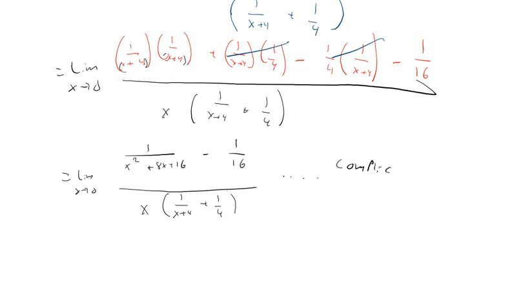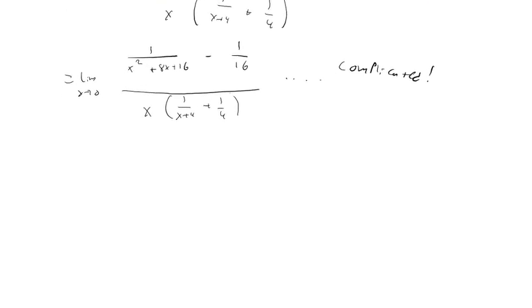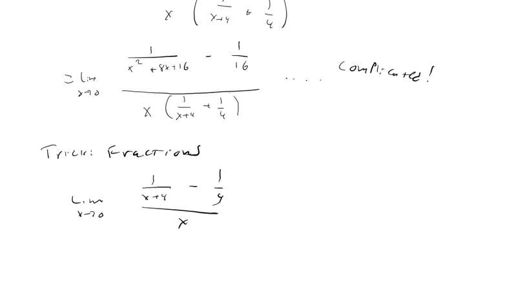Let's try another method. Let's try another way. The trick here, dealing with fractions. So let's start again. Limit as x approaches 0 of 1 over x plus 4 minus 1 over 4, over x. When dealing with fractions, we don't want to do that conjugate rule.